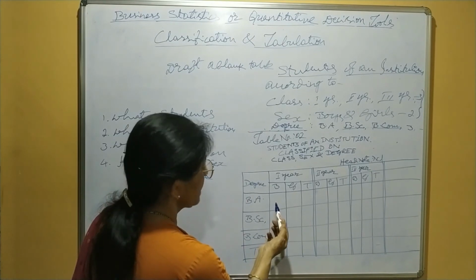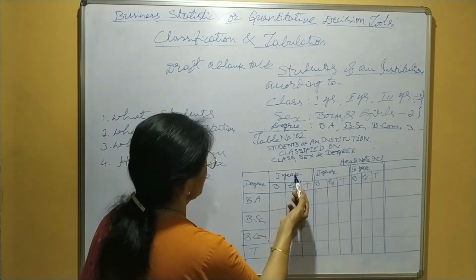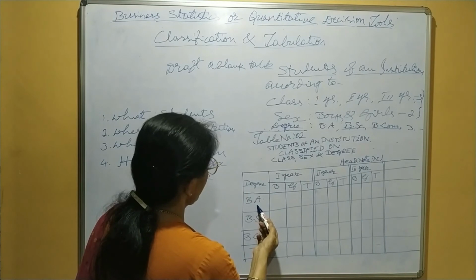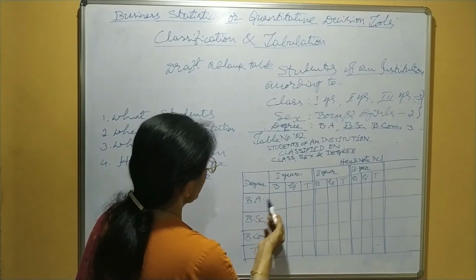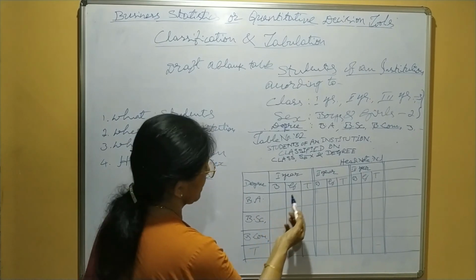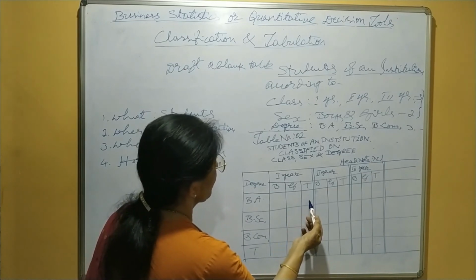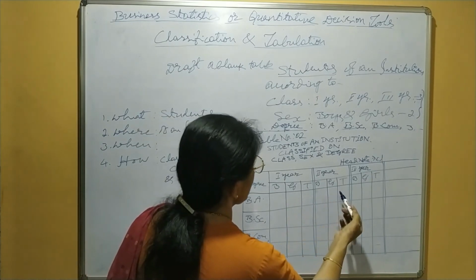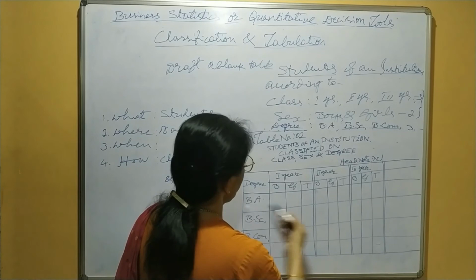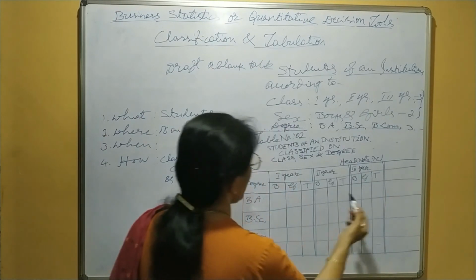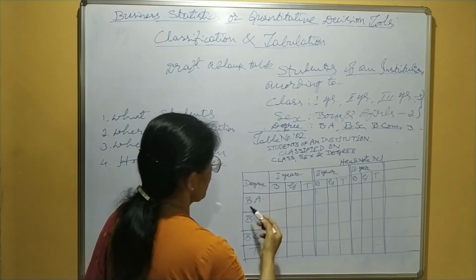This cell gives the information in first year in the program BA, how many boys are there, how many girls are there, how many total. Same in second year, boys, girls, total, BA students. Third year, boys and girls, BA students.